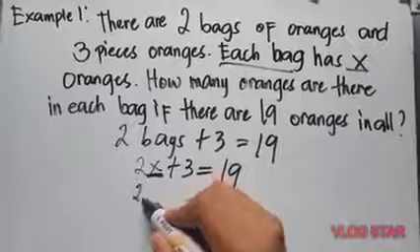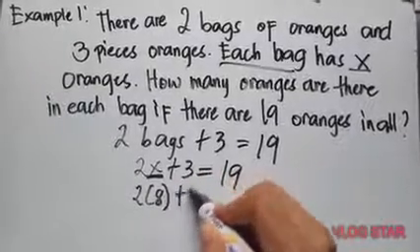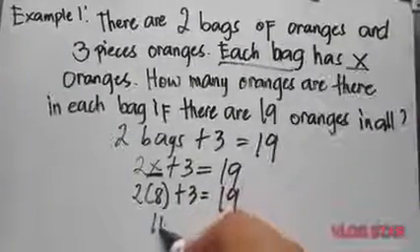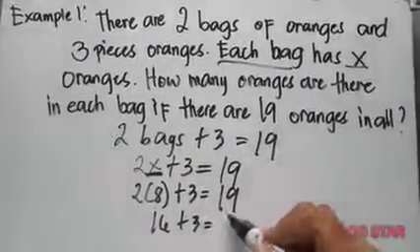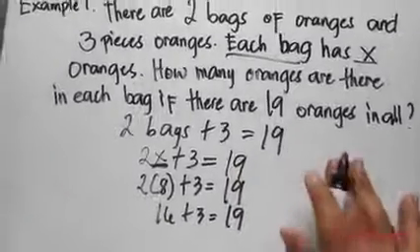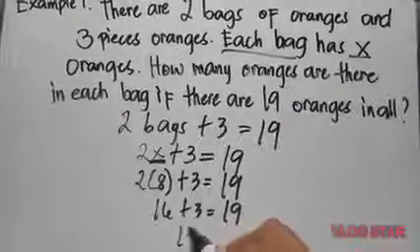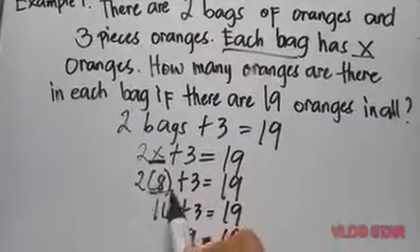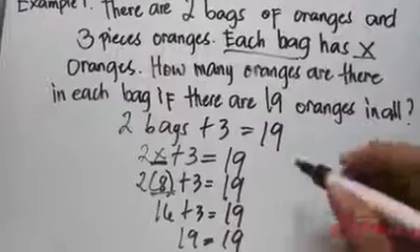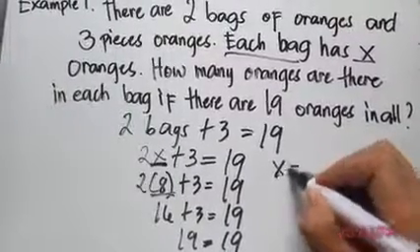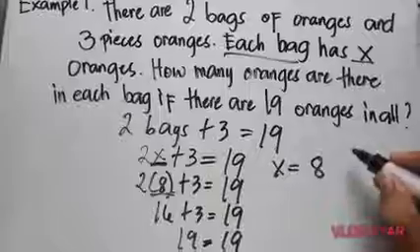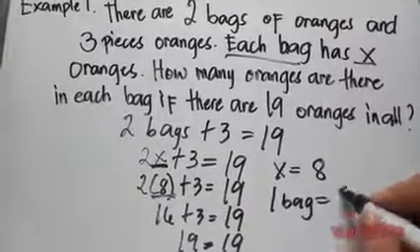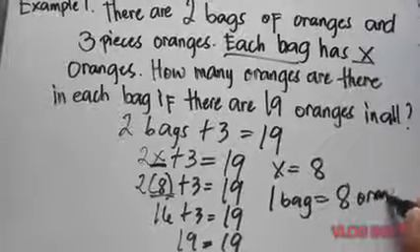Or let's try 8. 2 times 8 is 16 plus 3. The answer is 19. So 16 plus 3, 19 is equal to 19. It means that the value of x is equal to 8, and we can say that 1 bag is equal to 8 oranges.